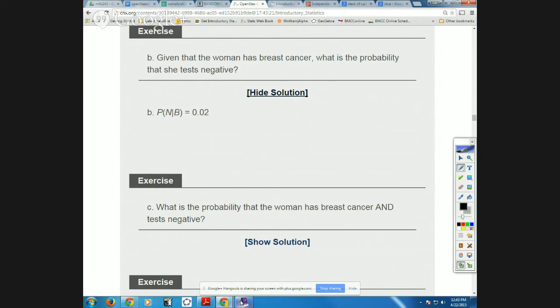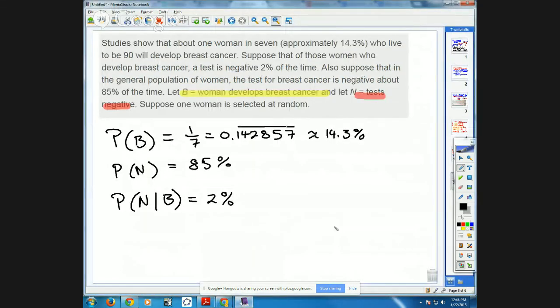So let's write that down in my little notebook. Now I want to figure out, what is the probability that a woman has breast cancer and tests negative? If having breast cancer and testing negative were independent, then I could just multiply probability number 1 times probability number 2 and get an answer.